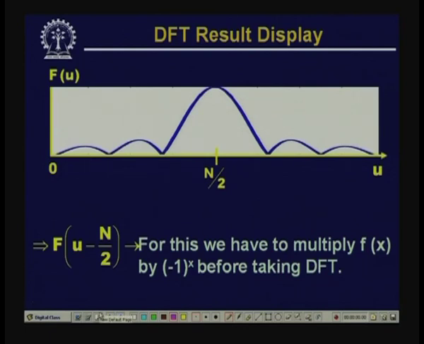The next property that we will talk about is the rotation property of the discrete Fourier transformation. To explain this rotation property, we will introduce the polar coordinate system.